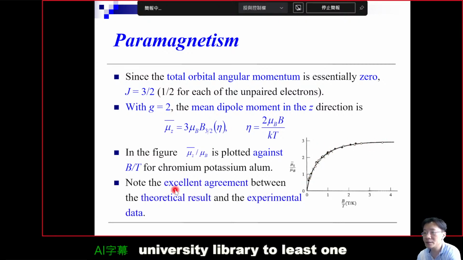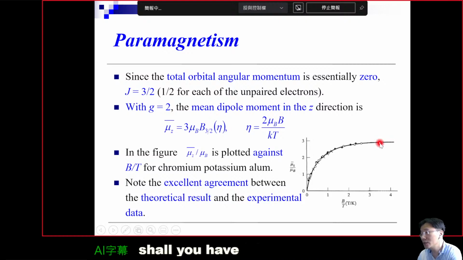So that is excellent agreement between the theoretical result and the experimental data. If we go to the saturated magnetization, mu z would be equal to 3 mu B. As shown here, you will find that the hollow circle is very close to 3, when we go to a very high magnetic field or very low temperature.